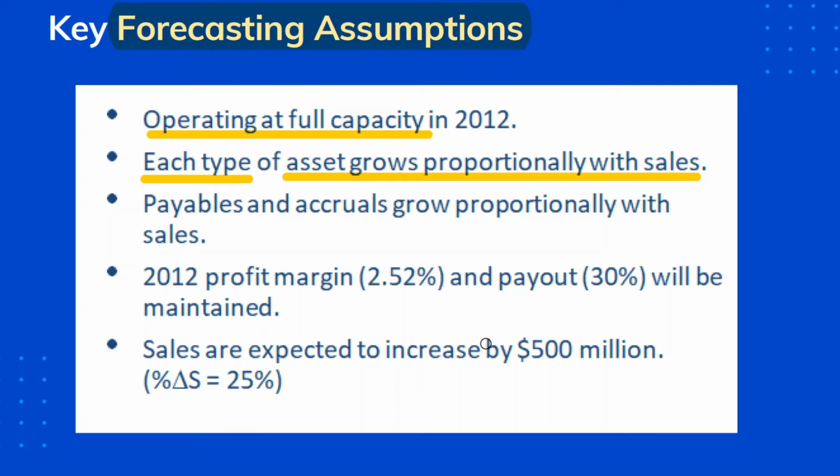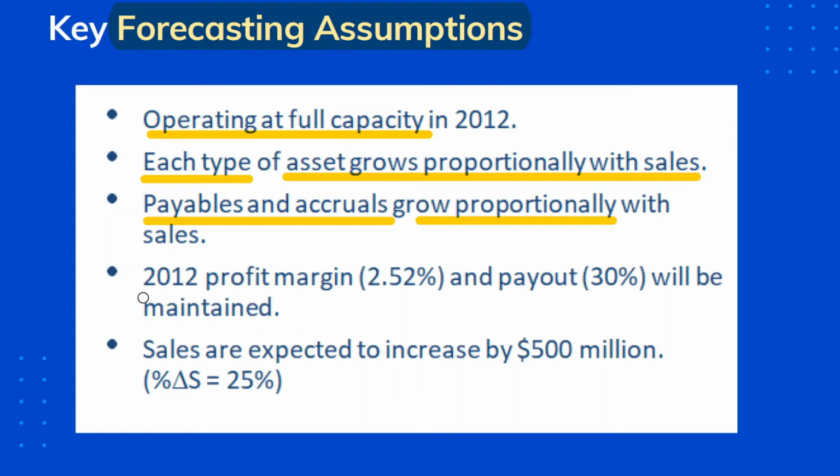The third assumption is that accounts payable and accrued expenses grow proportionately with sales. In a forecasting process, if we assume that sales are going to increase, then we need to purchase more raw material from the suppliers. As a result, accounts payable and accrued expenses will increase.